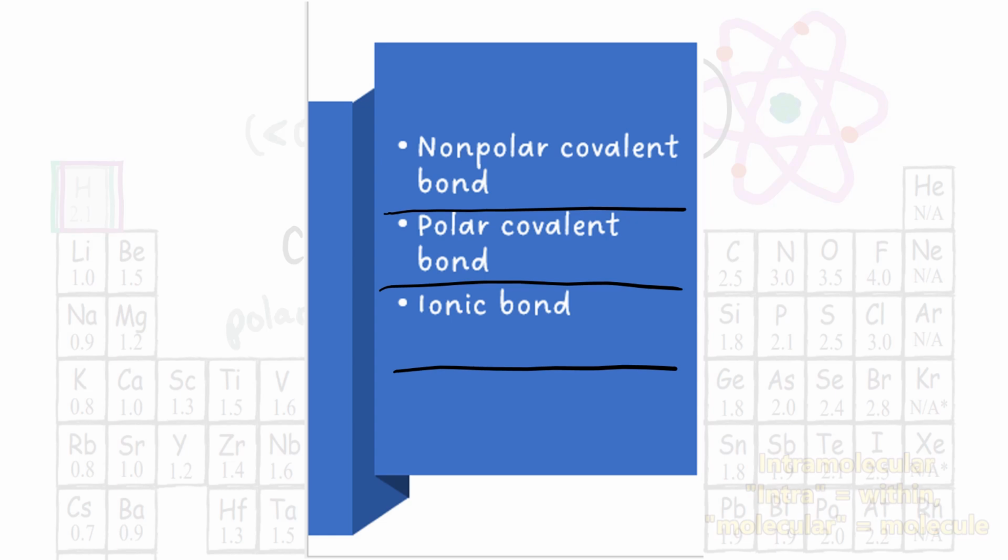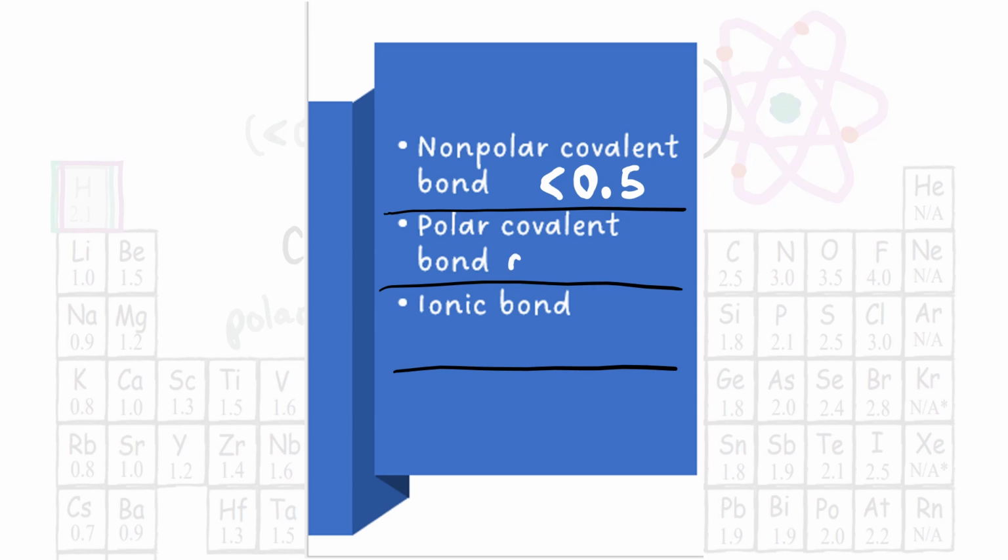So remember, you can predict the type of bond that will form between two elements by comparing their electronegativities. If the difference is very low, like less than 0.5 or so, it will be a nonpolar covalent bond where the electrons are shared almost evenly.